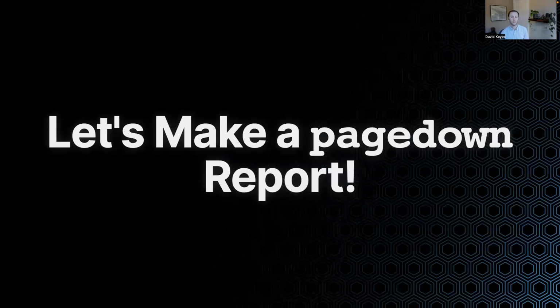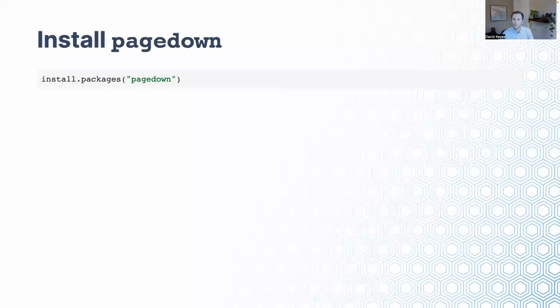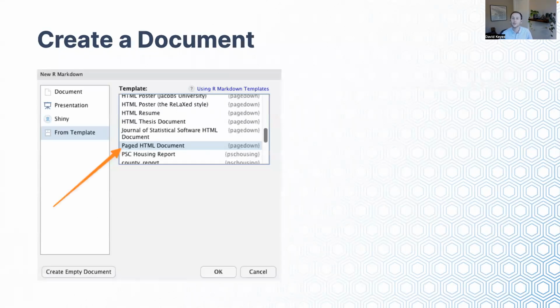All right, so let's go ahead and make a very simple pagedown report. So obviously, if you are using pagedown for the first time, you need to install the package, same as you would any other package. That part's pretty simple. From there, you're able to create a document using a custom template.